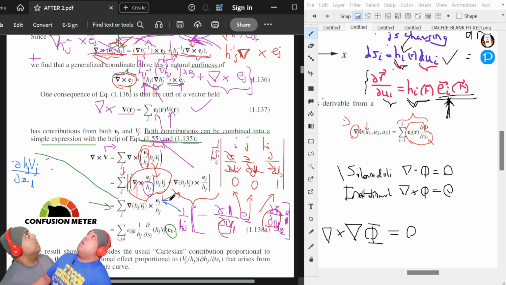Wait, this guy already has a direction. Is that normal? I think that's normal. So then we have E. Is that normal? The jth component of something means no. This guy is the jth component.